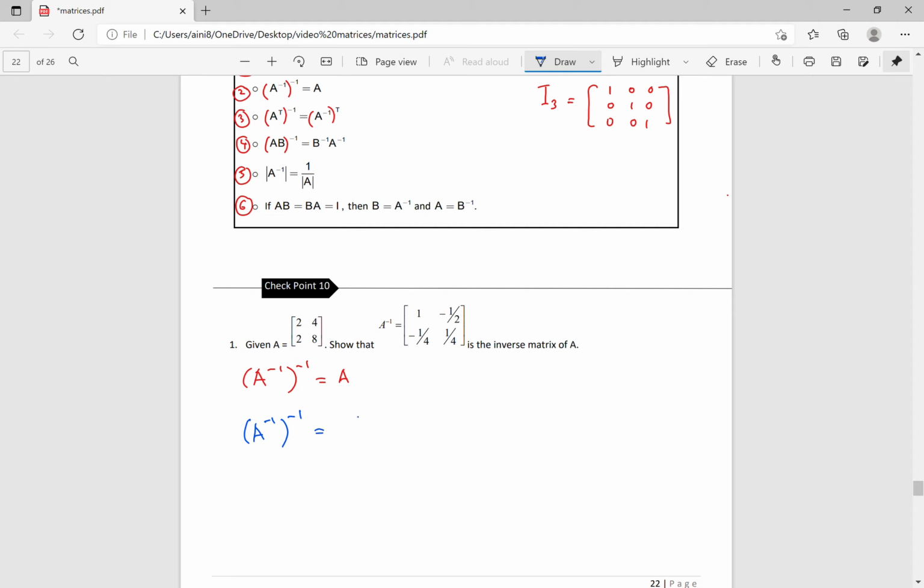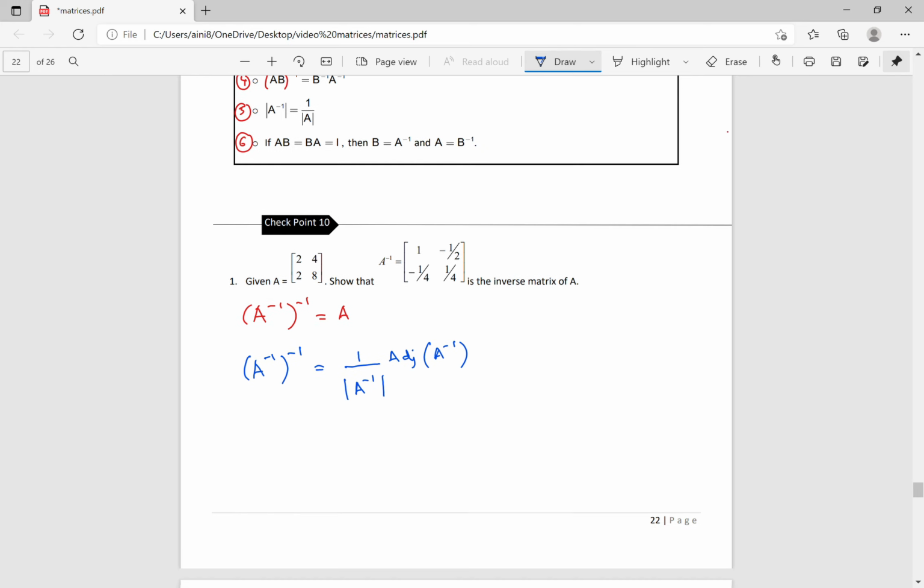Then it equals 1 over determinant of A inverse times adjoint A inverse. But remember, this is a 2 by 2 matrix. The 2 by 2 determinant is A times D minus B times C. And the adjoint is just changing the positions of A and D and adding negative to B and C.